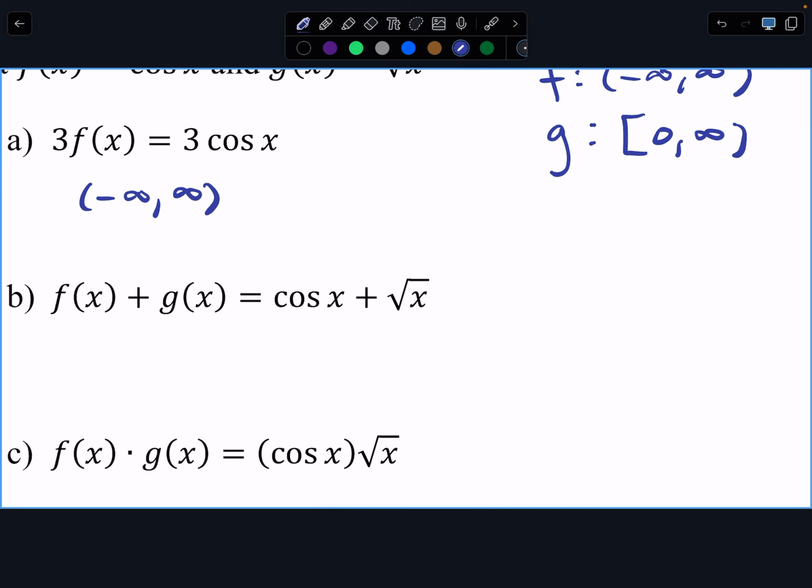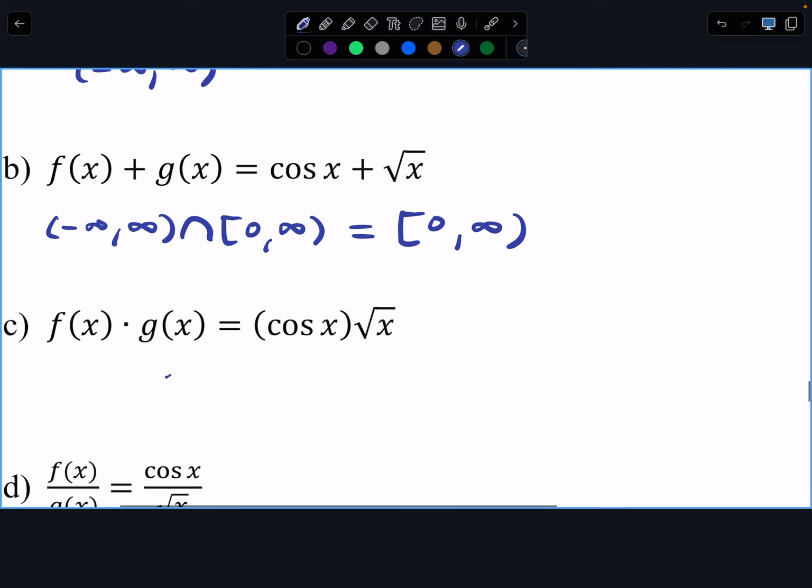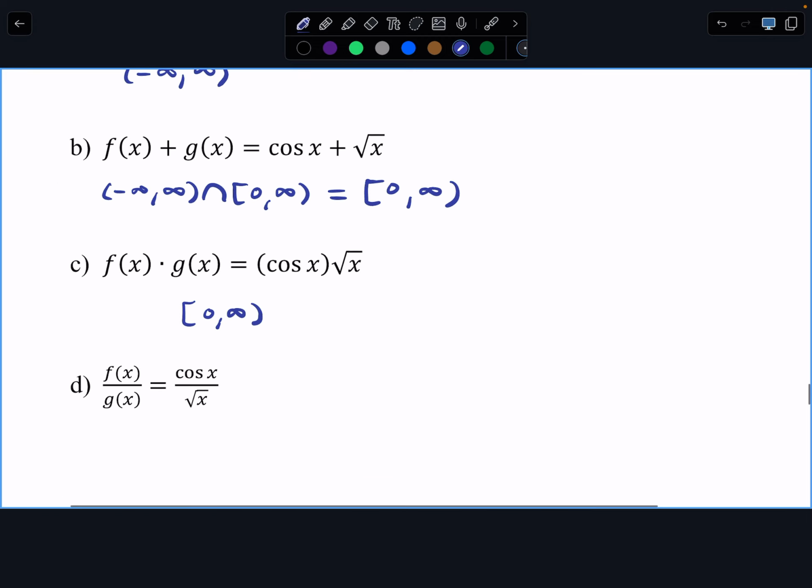If we're thinking about a function created from f plus g, we could think about the intersection of those two intervals where each function is continuous, which would just be the interval from 0 to infinity, and so on. This would also be 0 to infinity. And then when we think about taking the ratio, we would just exclude 0, right? Because 0 would make the denominator 0.